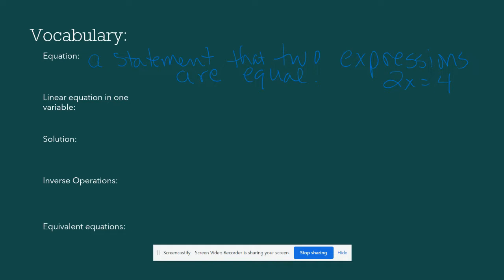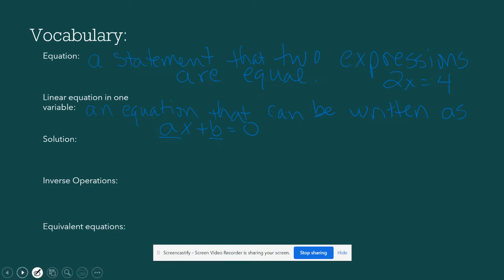A linear equation in one variable is an equation that can be written as ax plus b is equal to 0. A and b are any number you want, and then x is the variable.